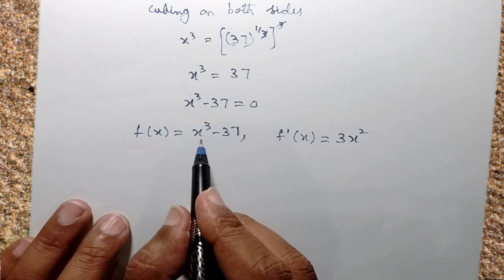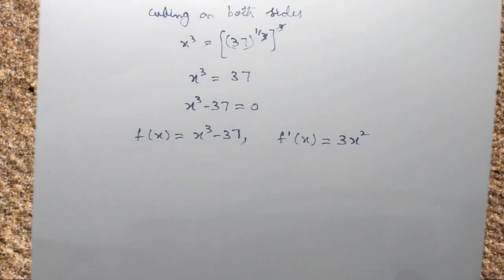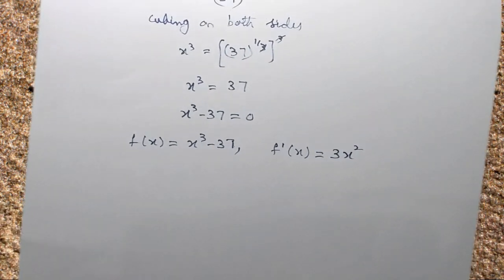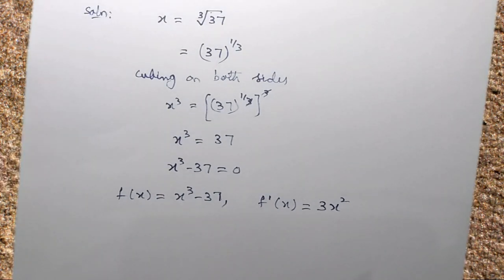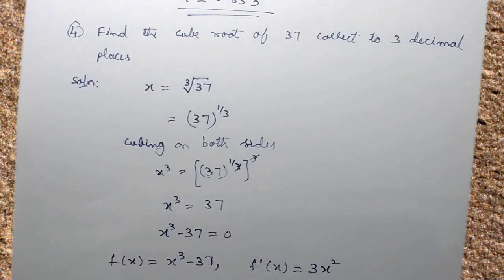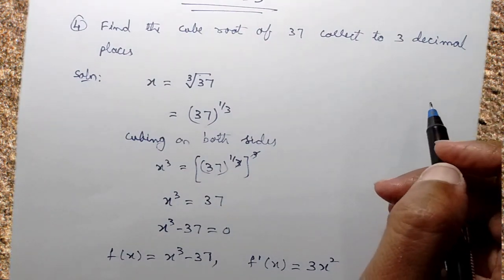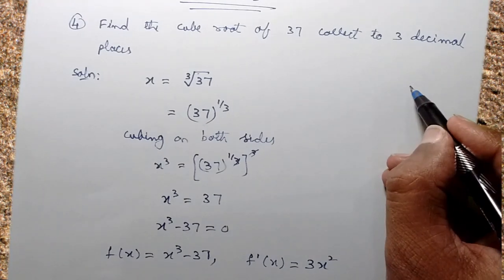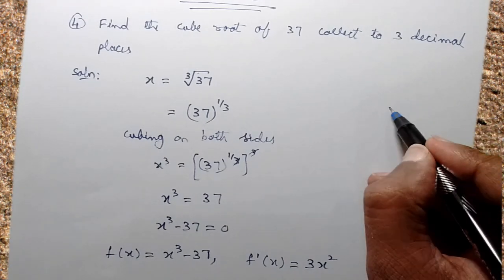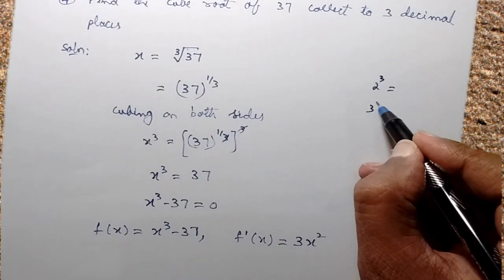Alright. So if you try to see directly, you can put the value of x over here as 0, 1, 2, 3, or the other way, you are trying to calculate the cube root of 37. So cube root of 37 lies between what range? What is the cube of 2? What is the cube of 3?